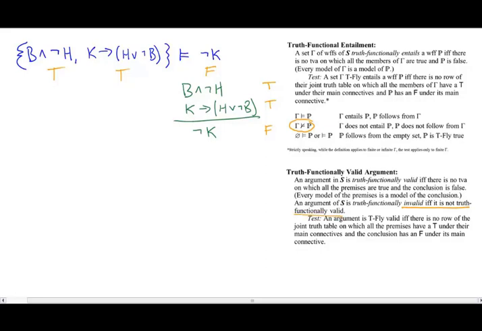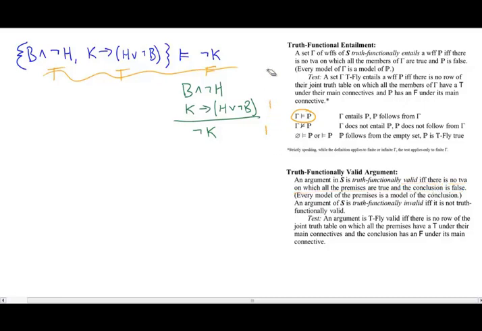If, however, we don't find such a situation, then we'll have the set entailing the target sentence, and we'll have a valid argument.